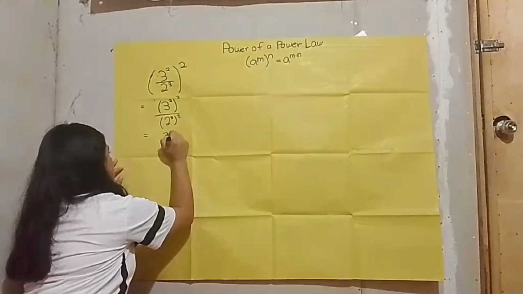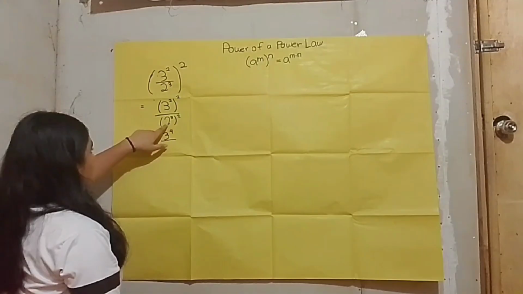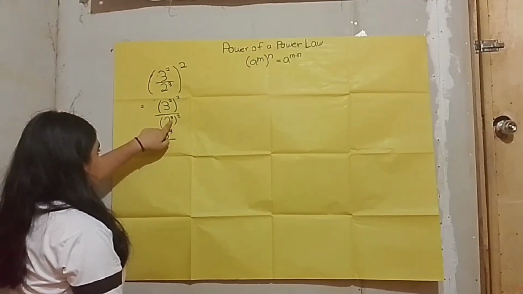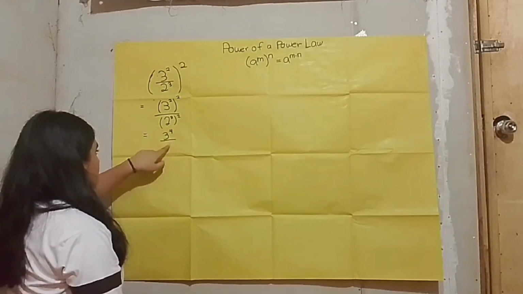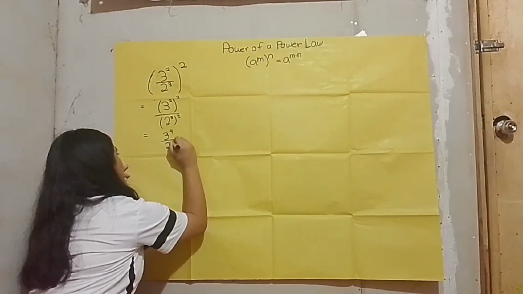So 3 to the power of 4 over 3 times 2 equals 6. So 2 to the power of 6.